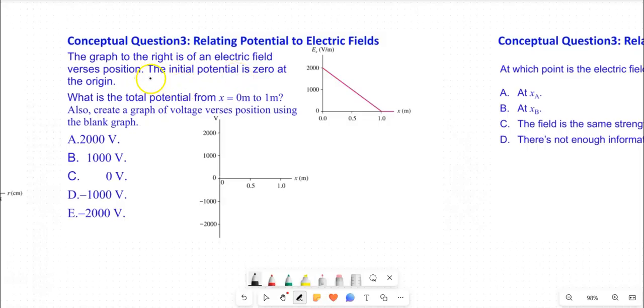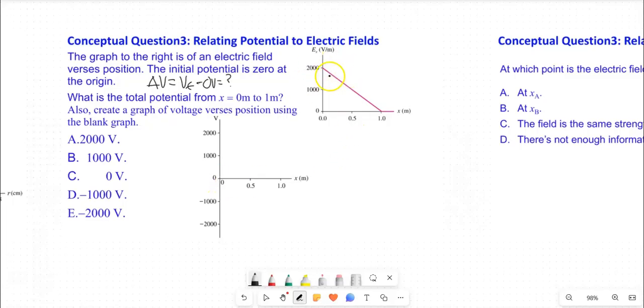So they're basically saying we want to know what the final voltage is, and we'll plot this in the graph here. V final, if our initial voltage is 0 volts. So we have to figure this out. It's one of these answers.